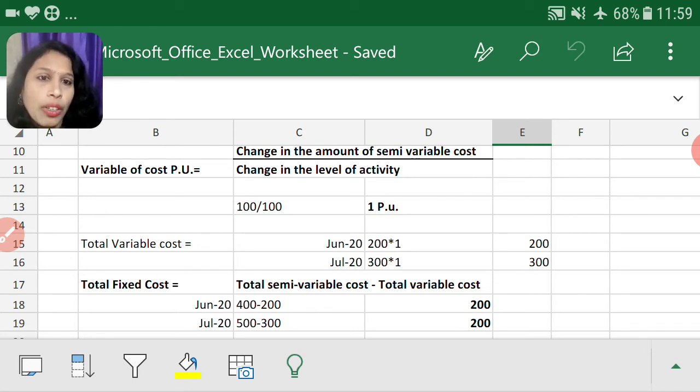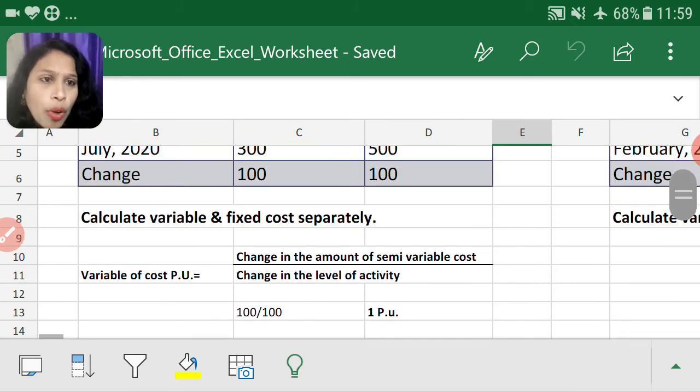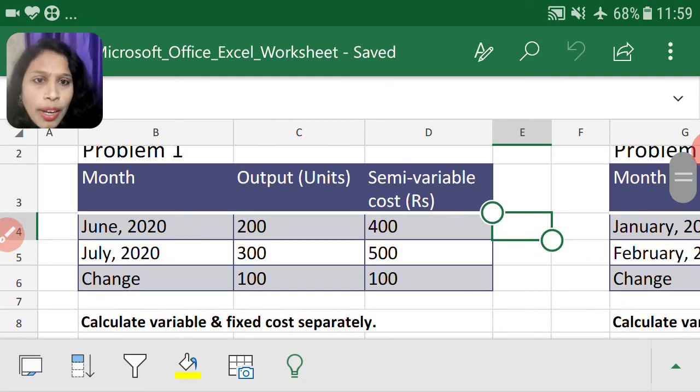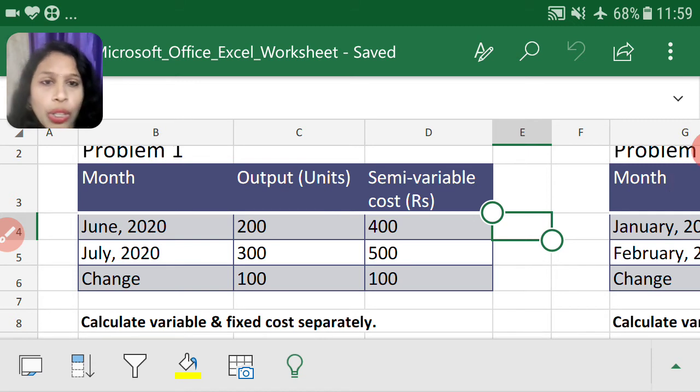Then we move further. For the total variable cost, we are producing 200 units in the month of June 2020.